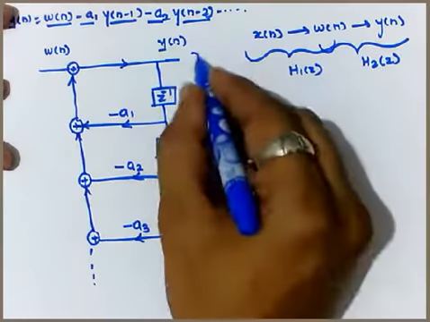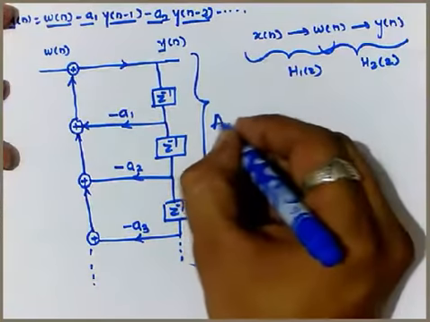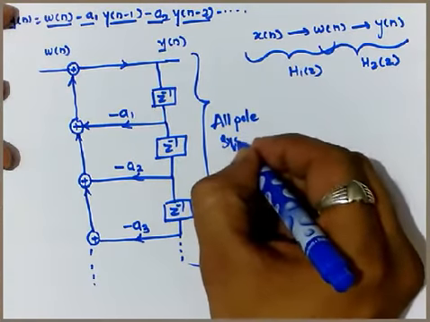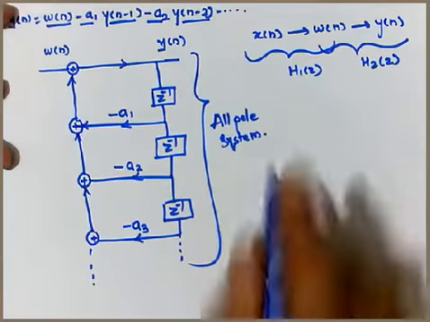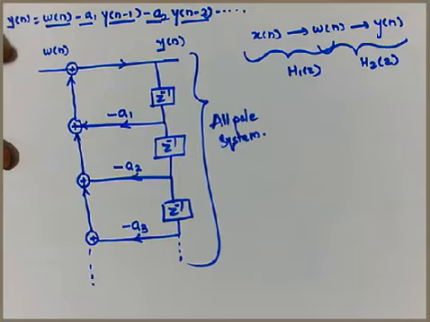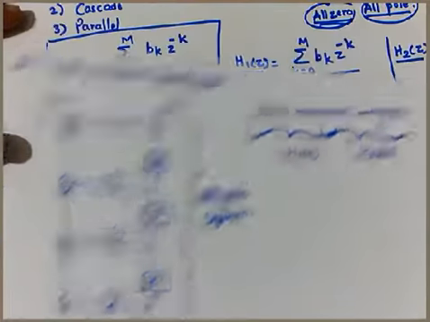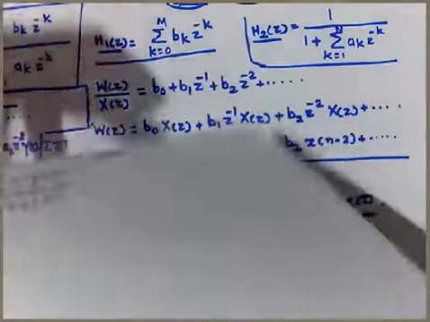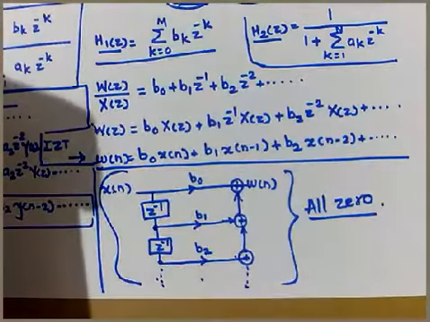Now this is nothing but the all pole system. When we combine these two systems, we will get the overall system. Now just recall what exactly the all zero system is. This is the all zero system, and right now we discussed the all pole system, which is with this format.